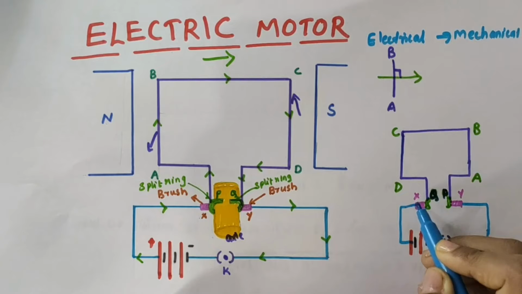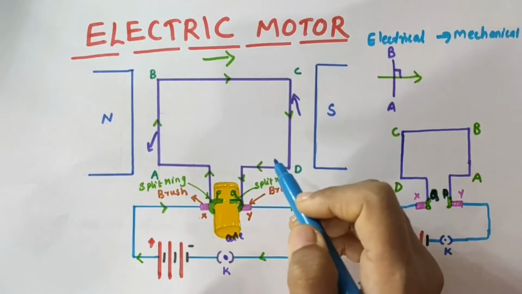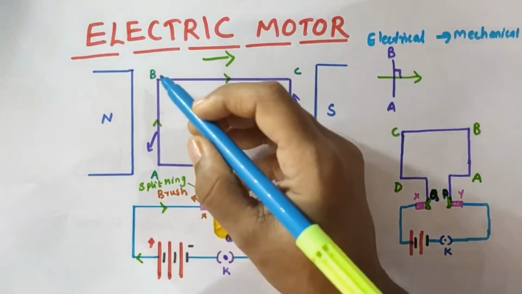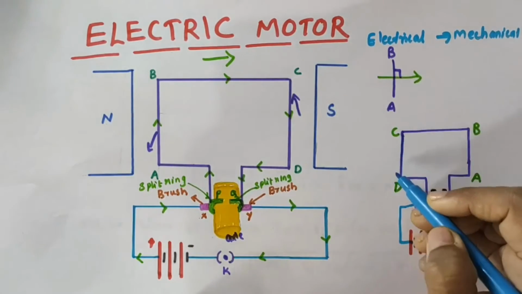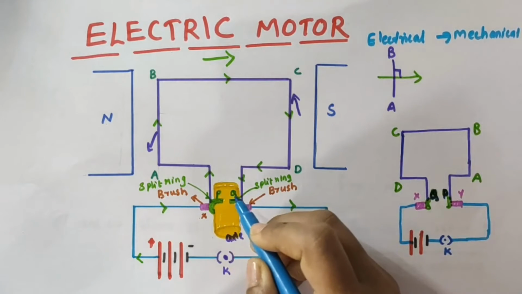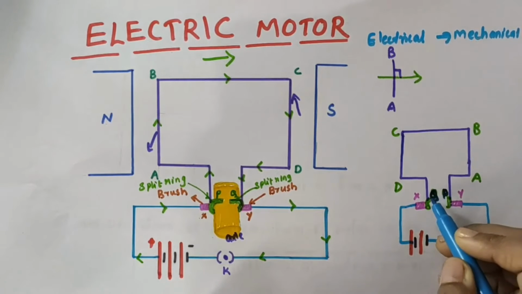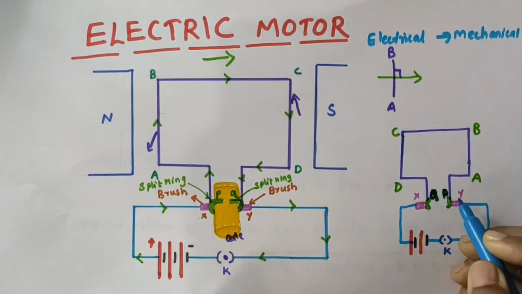Earlier P was with brush X and Q was with brush Y. Now after half rotation, Q makes contact with brush X and P makes contact with brush Y.